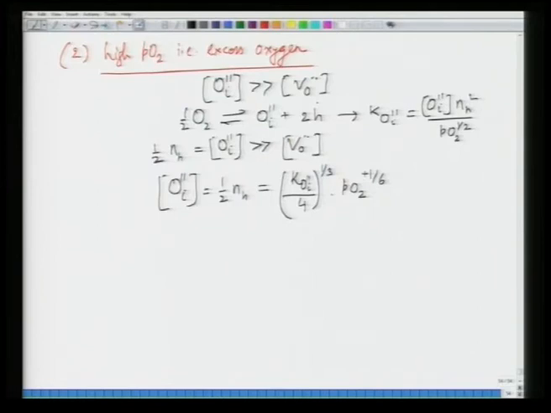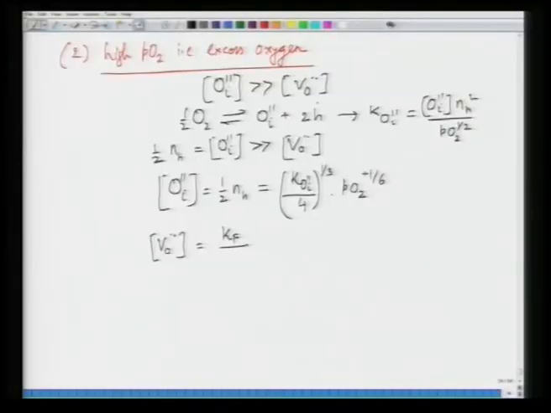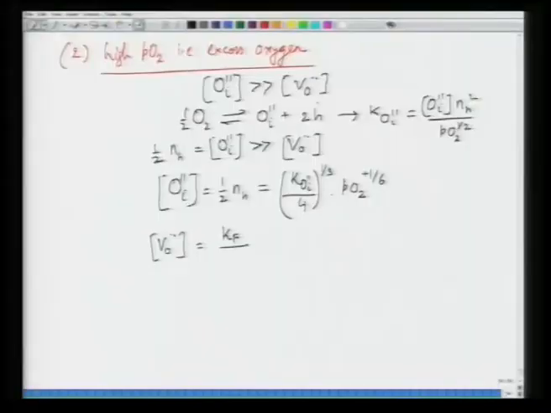So similarly, as compared to the previous case, now VO concentration is determined by the Frenkel reaction. So which is Kf divided by OI, because if it's a dominating condition when OI is the dominating defect, then VO cannot be created by any other means other than Frenkel defect. But Frenkel defect also gives rise to both VO and OI. So the VO concentration will depend upon OI concentration.